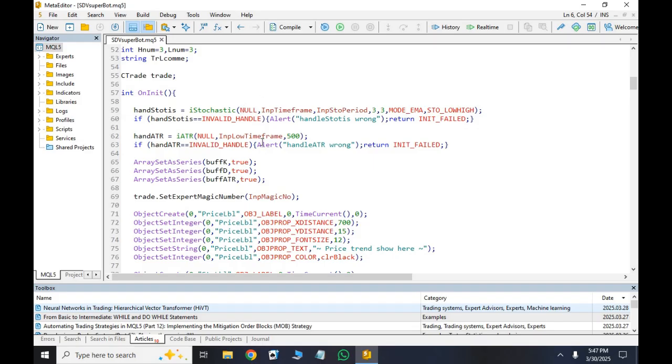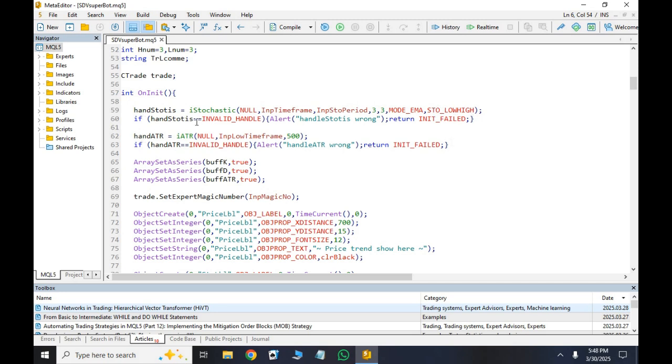Null means the running chart's name is used here. In time frame, the normal time frame, and the stochastic period, that means 14, and other settings are 3 and 3. This means the D value and K value 3 and 3, the other two settings, and mode EMA, low high.